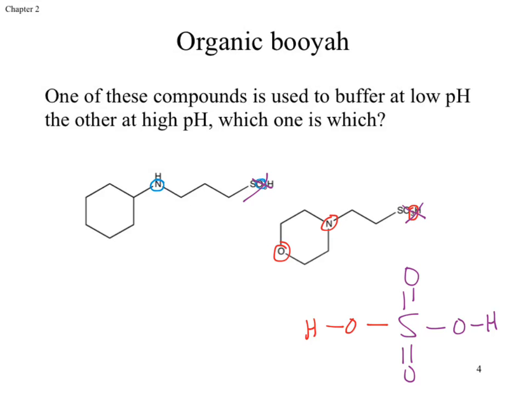What is our buffer doing in these cases? Our buffer needs to act as a hydrogen acceptor, the long version, or a base. Which atom is going to act as a base? Oxygen or nitrogen? Nitrogen. Nitrogen because?